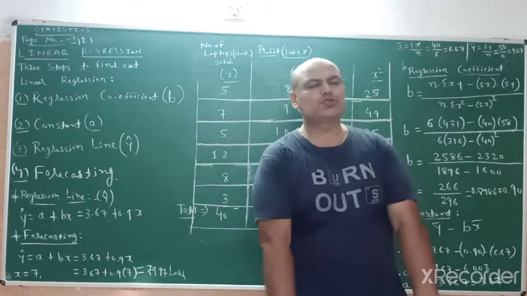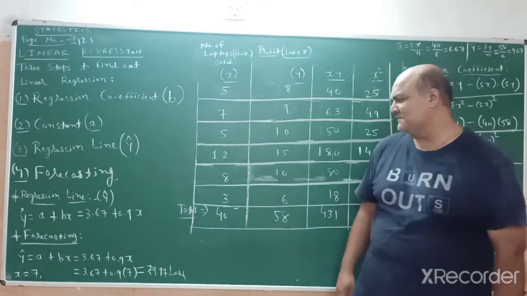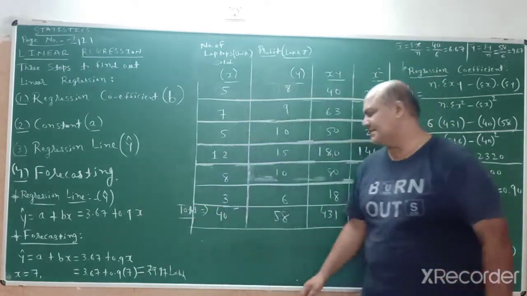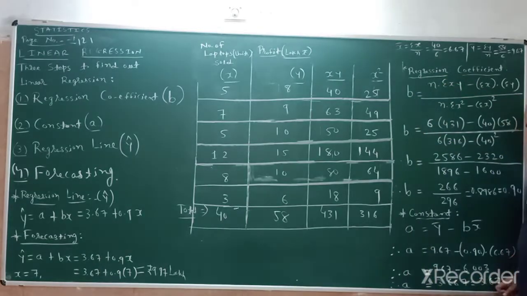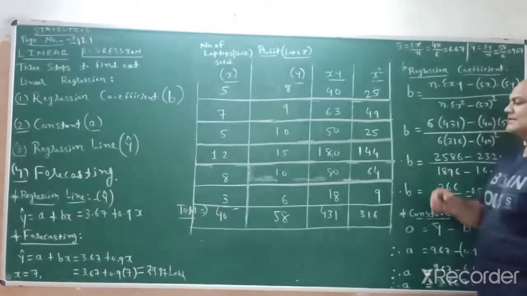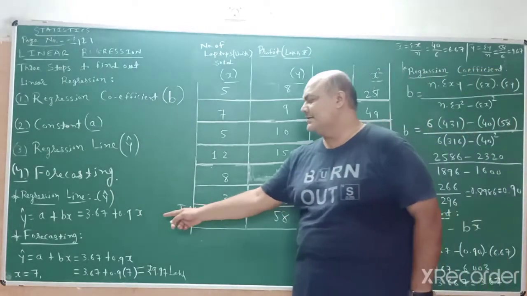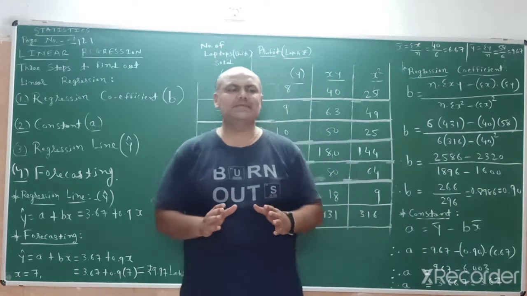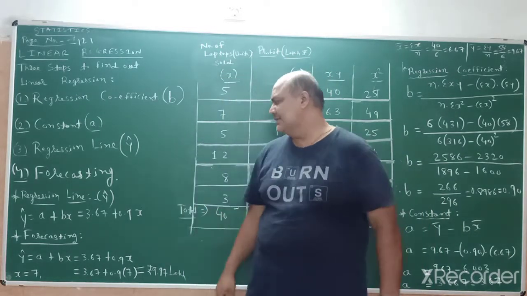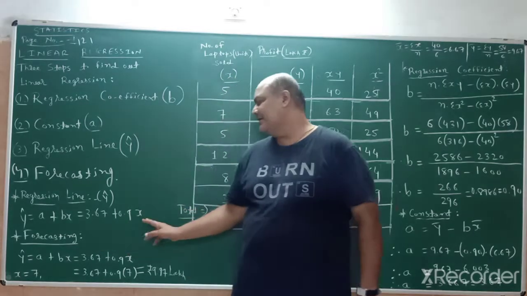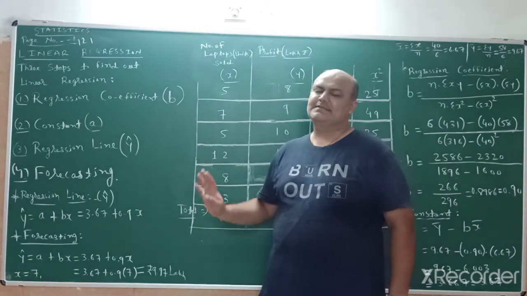Y cap is equal to a plus bx. A is 3.67, here it is the answer. At last we find plus b. B means 0.9. Here it is plus x. So the regression line is y cap is equal to a plus bx, that is 3.67 plus 0.9x.